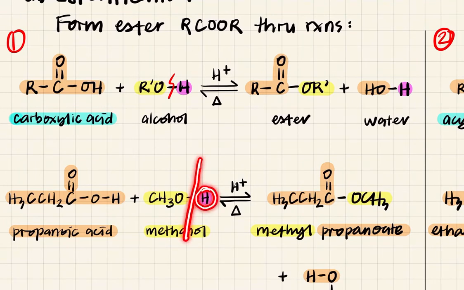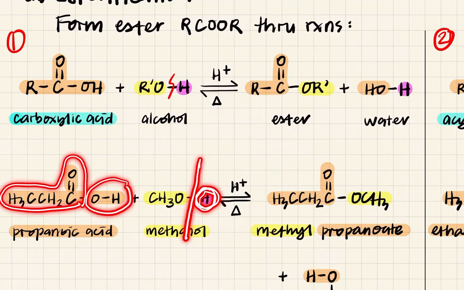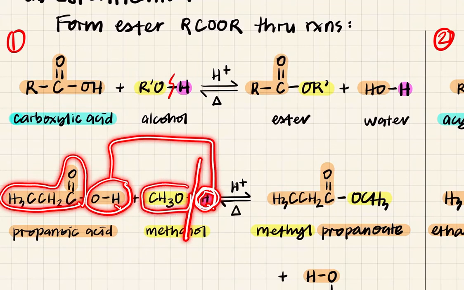So the H will be replaced with this part of your propanoic acid. The OH minus from the acid will react with this H, so these two will form water. This one will join with this.